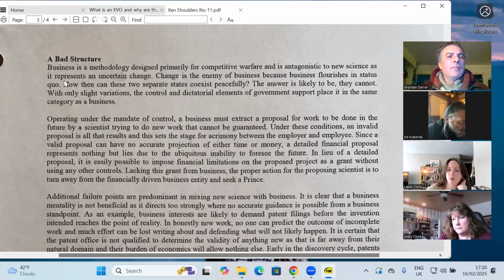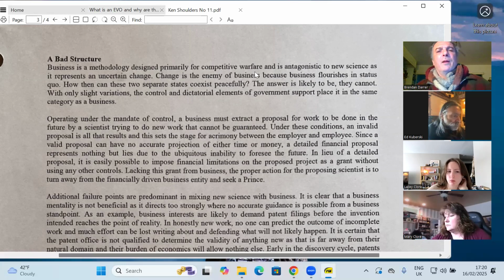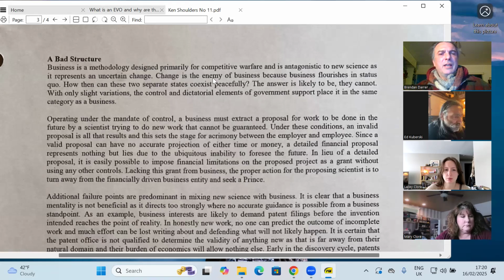A bad structure. Business is a methodology designed primarily for competitive warfare and is antagonistic to new science as it presents an uncertain change. Change is the enemy of business because business flourishes in status quo.